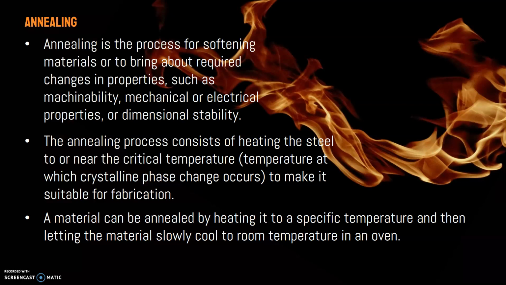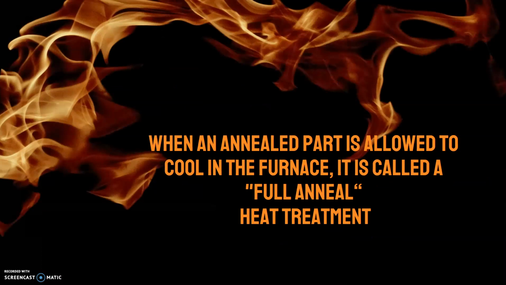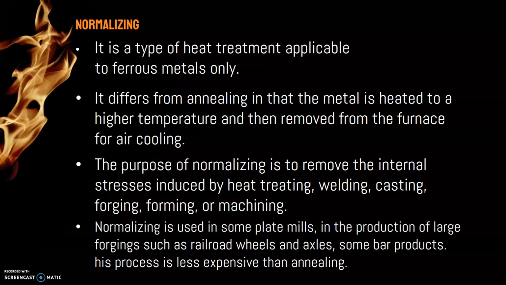Annealing consists of heating the steel to its near-critical temperature, which is basically when the crystalline structure starts to change, and then letting it slowly cool down. If you let it cool slowly, the crystalline structure has time to reform into its original structure. When the part is allowed to cool in a furnace, it's called a full anneal or heat treatment.